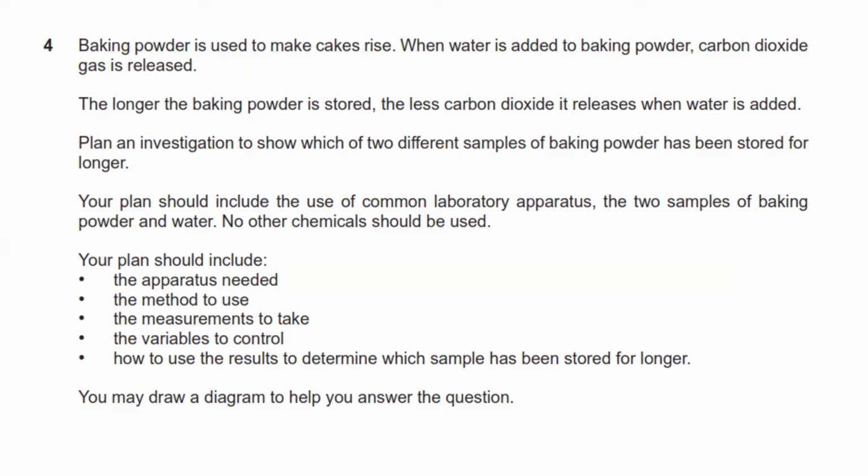Okay. So let's see. We are given basically baking powder. Remember, in the other version of the exam, it's the same question. They're just simply saying baking soda, and instead of cakes, they're talking about bread, which actually means the same. Okay. So you have to draw a diagram in the answer. So let's try to answer it.